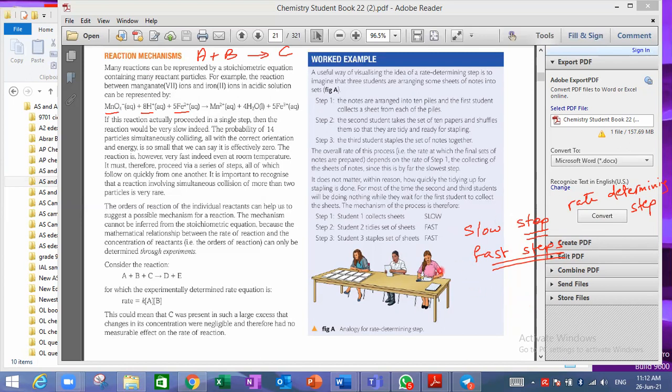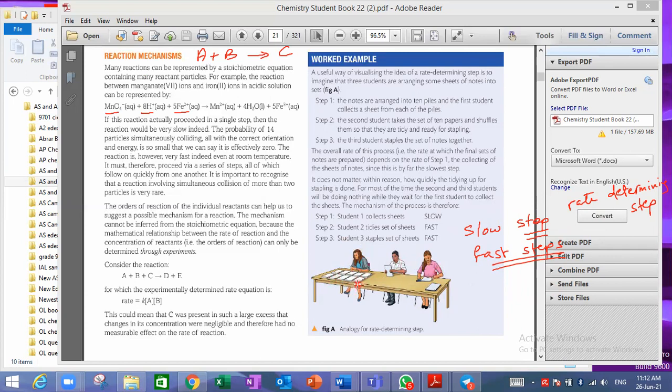To understand this, they gave us an example here of three students that are responsible for collecting about 10 sheets of papers together and stapling them so that they will give them to other students. So we find that we have three students. The first student is responsible for collecting these 10 sheets together.